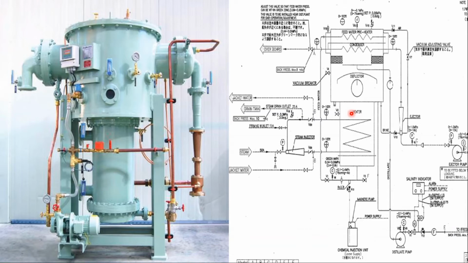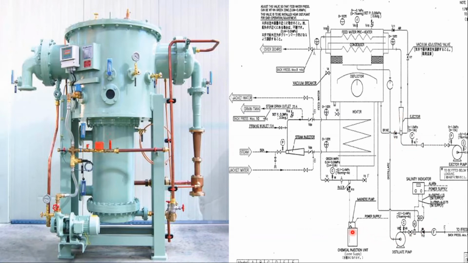Inside the tubes there is seawater, which is the feed water, and outside the tubes is the heating water, that is the jacket water. This is the ejector pump which takes suction of seawater and discharges first to the condenser, and then it goes overboard through the air brine ejector.